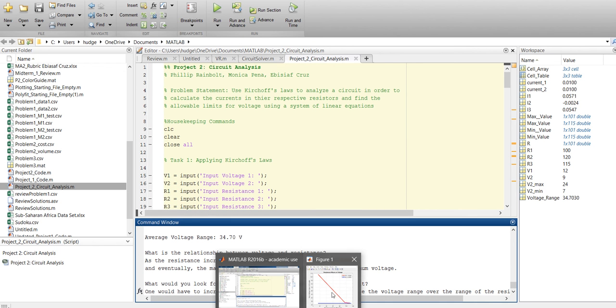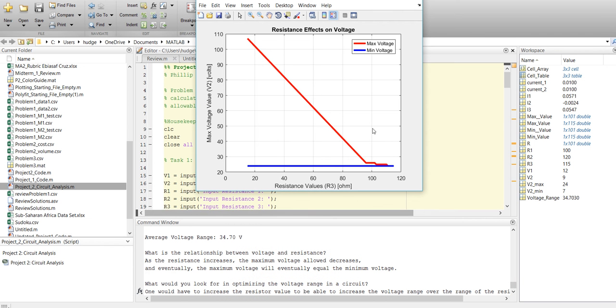And so to be able to answer our questions here, we have to plot the graph. You can see there's resistance values on the x-axis, the voltage values on the y-axis. The red is the max and the blue is the min. So the question is, what is the relationship between voltage and resistance? As we can see, as the resistance value increases, the slope here is negative, meaning it decreases.